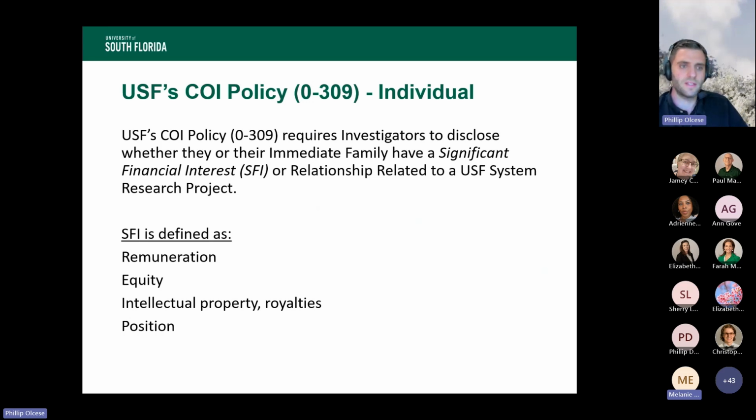We're also talking about anything greater than $5,000 in equity in a publicly traded company. Speaking of equity, any equity in a privately held company also needs to be disclosed. And of course, intellectual property and royalties. Once again, these are patents. And then any positions as director, officer, or partner in a related entity need to be disclosed.